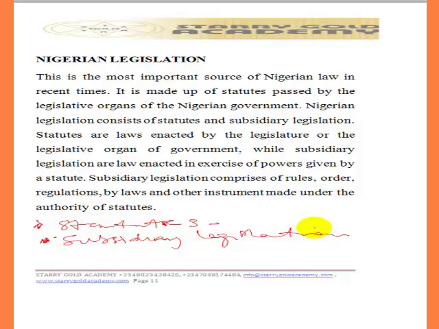Those laws and the laws made by the local government are all known as subsidiary legislation. They are called subsidiary legislation because those laws don't pass through the normal legislative process. It is only laws from the National Assembly and State House of Assembly that pass through the normal legislative process. That is why those laws are known as statutes, while the other ones are known as subsidiary legislation.